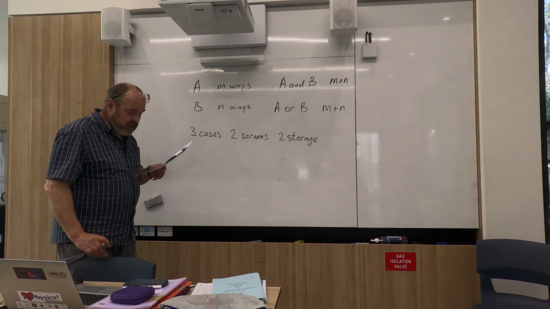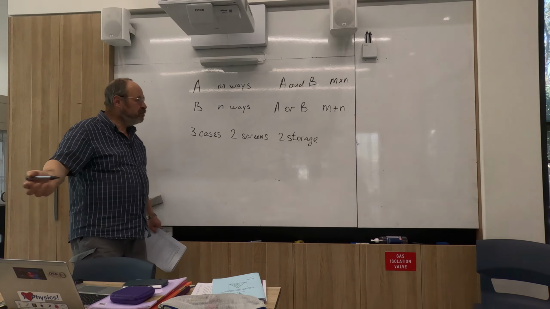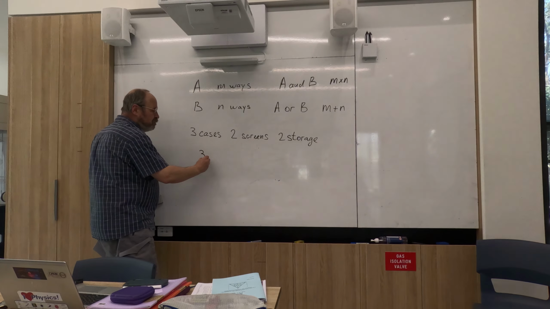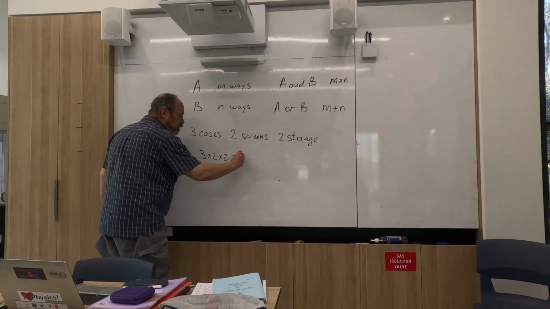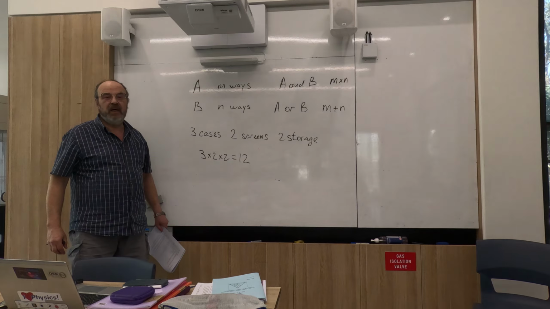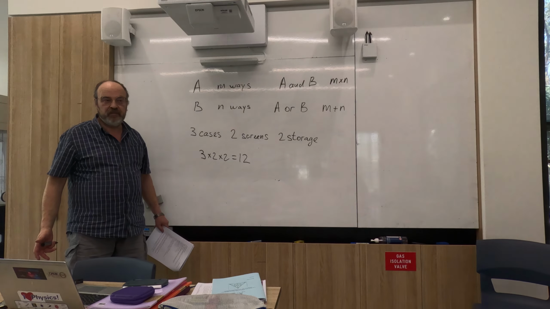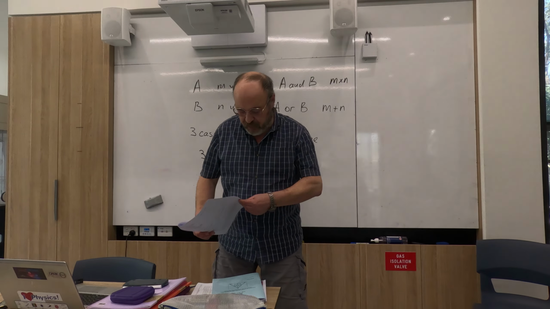How many different phones can you get? 3 times 2 times 2 equals 12 different combinations. Makes sense? That is a version of the multiplication principle.